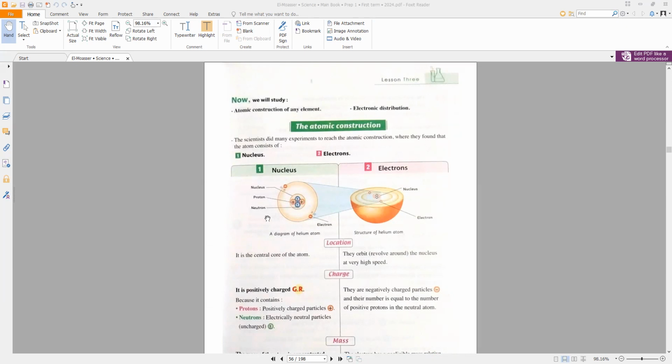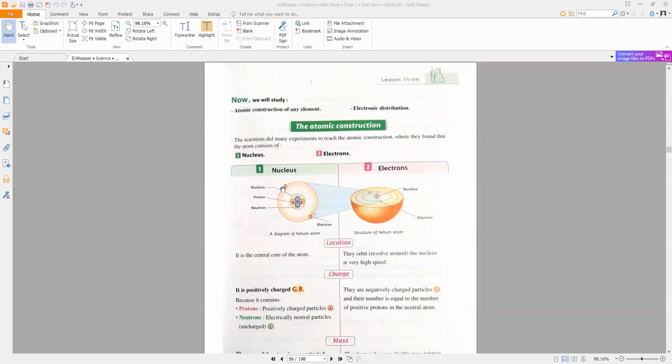Protons have a positive charge and the neutron has a neutral charge. Neutral charge means uncharged, and the electrons that revolve around the nucleus have a negative charge. And we said that the charge of the nucleus is positive. Why? Because the nucleus has positively charged protons and neutral neutrons.